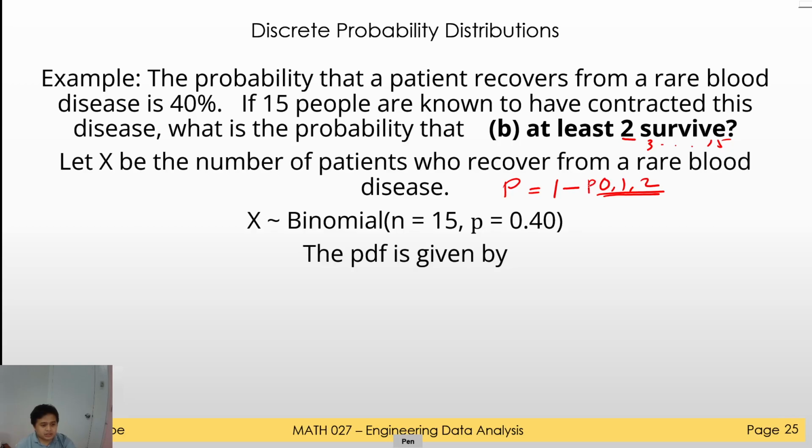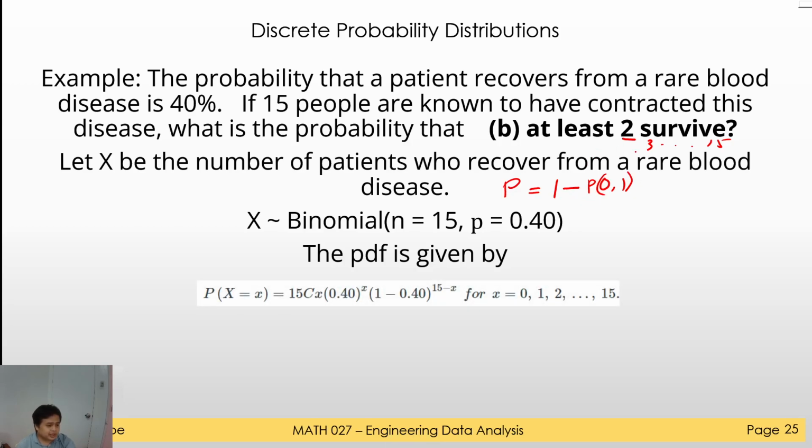So the probability that 0, 1, or 2 will survive. Sorry, actually not including 2, so 0 and 1 only. And then subtract that from 1 so that we can get the complement, which is also the at least 1 will survive. So what we can do here is again substitute the value of the success and the probability.